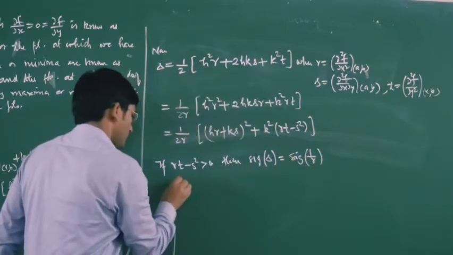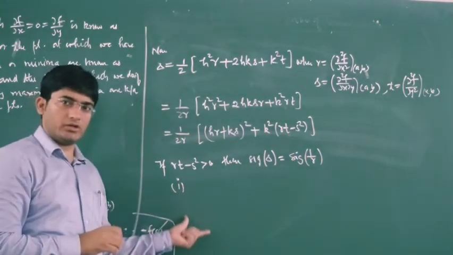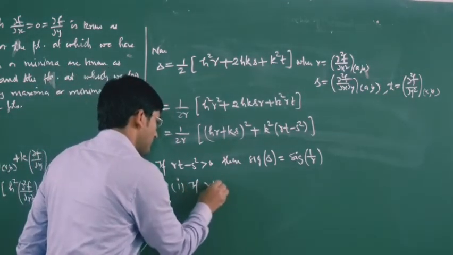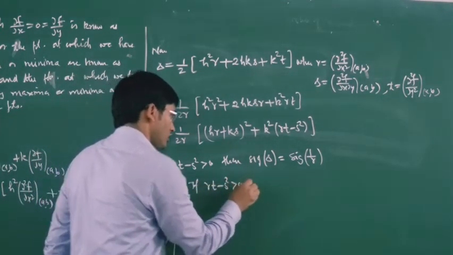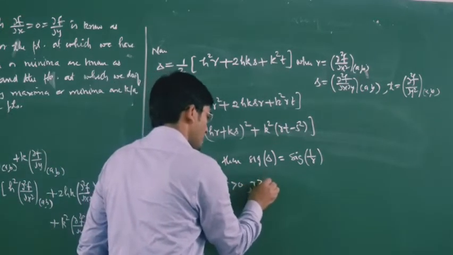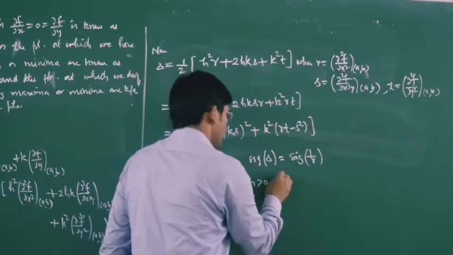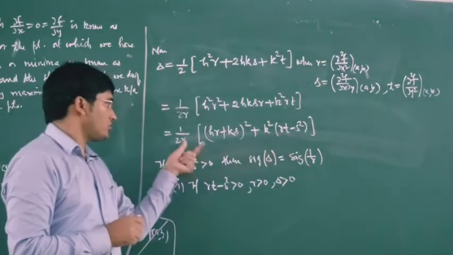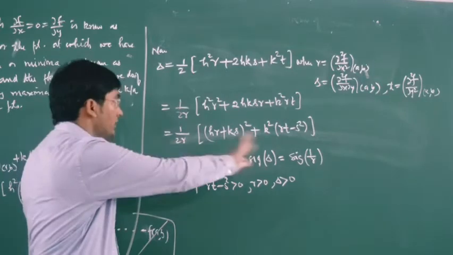So now these are the following conditions for maximum and minimum. If rt minus s square is greater than 0 and your r is greater than 0, then your whole delta will be positive.